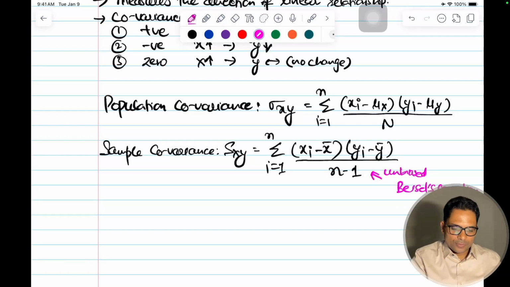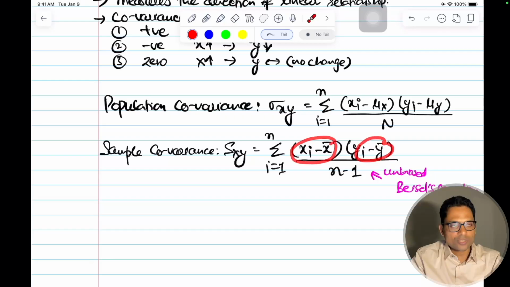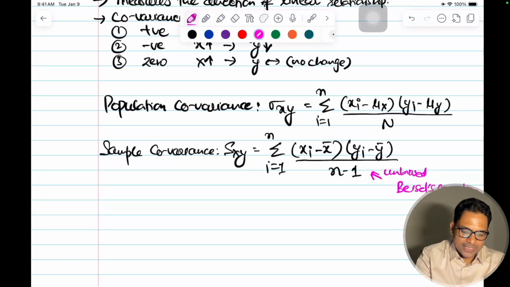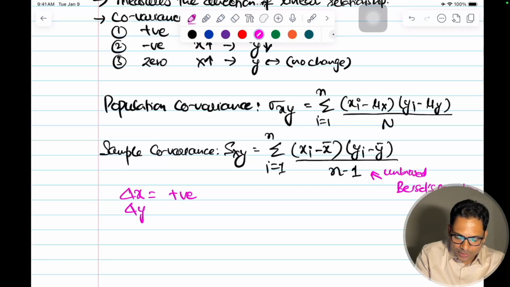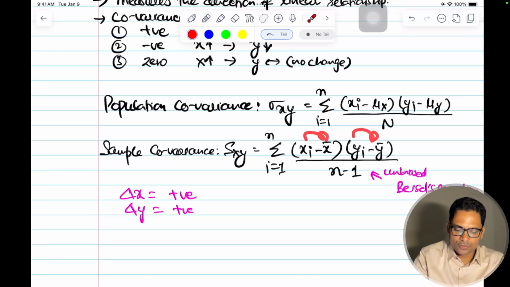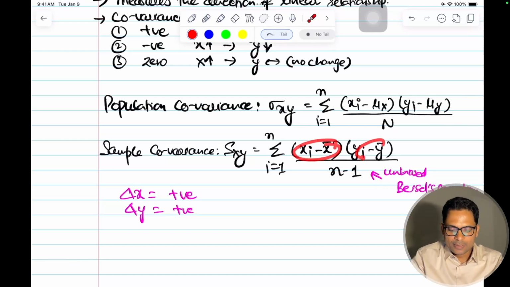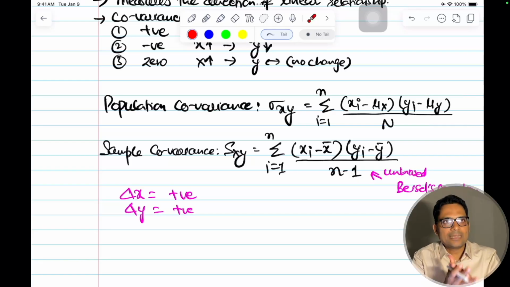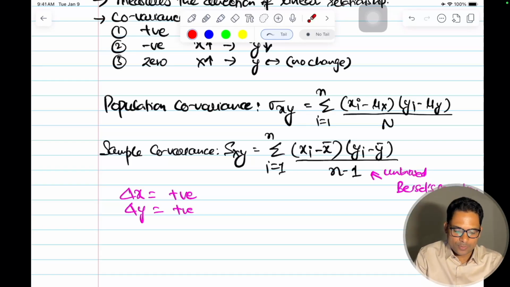So we have a lot of samples. If x is changing and the corresponding y is changing, if both are changing in the same direction, so if delta x, xi minus x bar, is positive and delta y is also positive, then I multiply them for all samples and take the summation, and the net is positive.